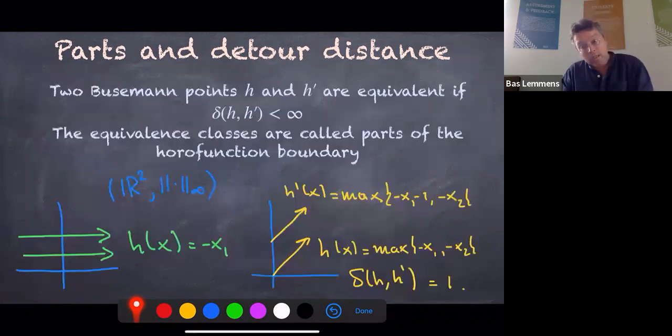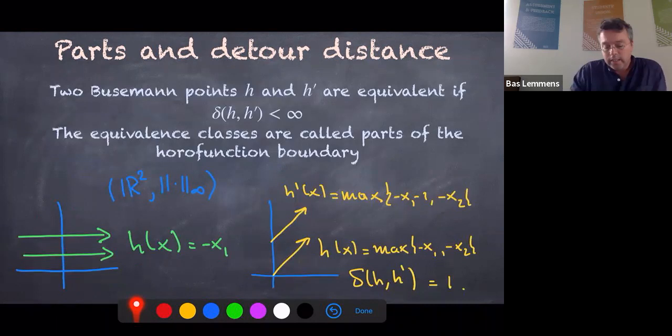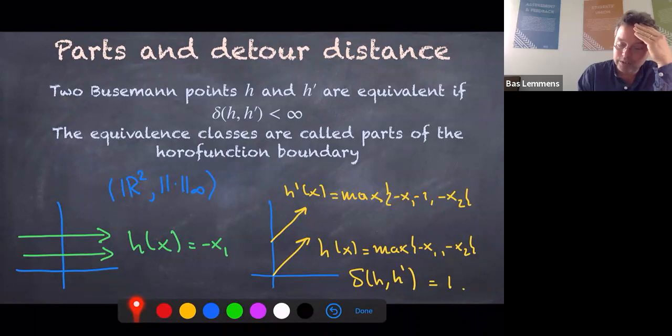Now that we have this D2 distance, we call two points equivalent if this distance is finite. It could be infinite, but we assume it's finite. This partitions the set of Busemann points in the horofunction boundary into equivalence classes, and these equivalence classes are called the parts.